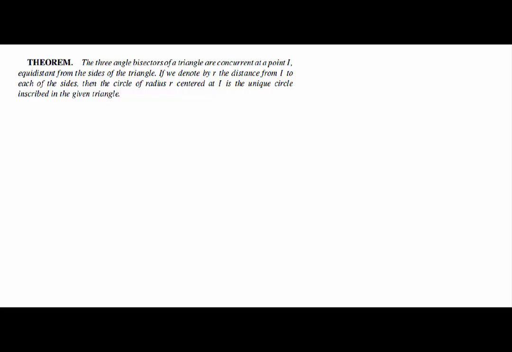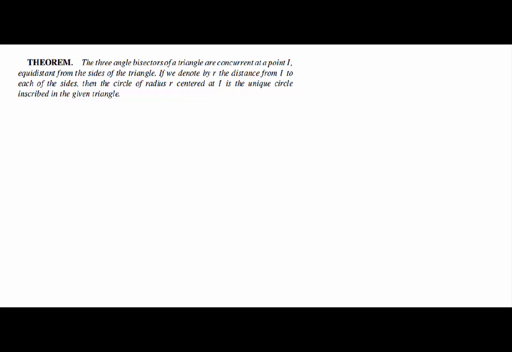This theorem states that the three angle bisectors of a triangle are concurrent at a point I. In other words, if you give me a triangle, and I look at the three angles which are interior to my triangle, and then I bisect each one of them, I get three lines passing through the vertices of the triangle. Then all three of these lines are actually going to meet at a unique point.